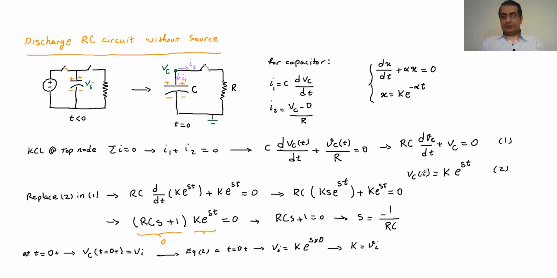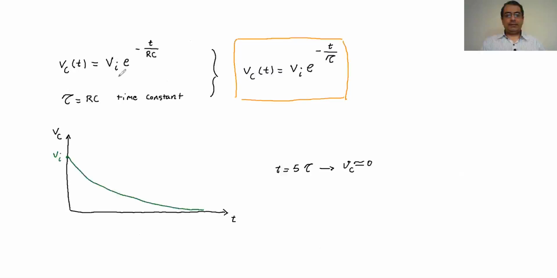So if the time is 0, the voltage is the voltage that is fully charged. So we replace that initial condition in the second equation, and from there we find K. And then we just replace S and K in that solution. So this is what we will get.